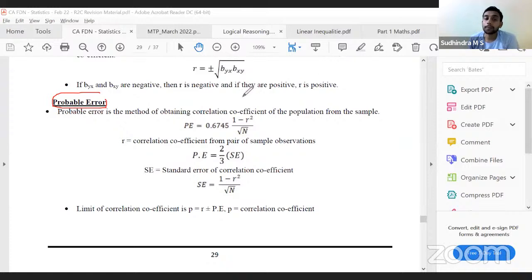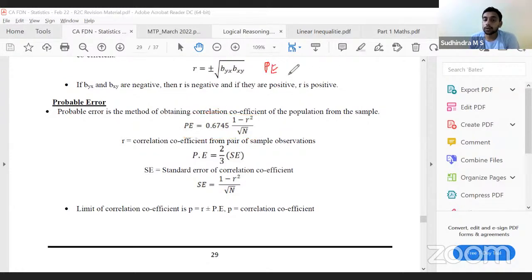Probable error is the method of obtaining the correlation coefficient of the population using the correlation coefficient of the sample. So our first job is to calculate the correlation coefficient of the sample. How do we calculate it? The same way that we have already learned, Karl Pearson or Spearman or concurrent deviation, etc. Once we have calculated it for the sample, we apply the concept of probable error.